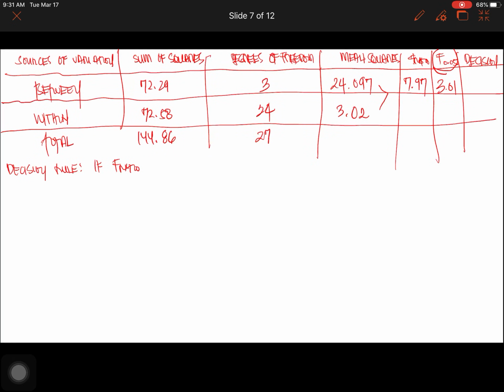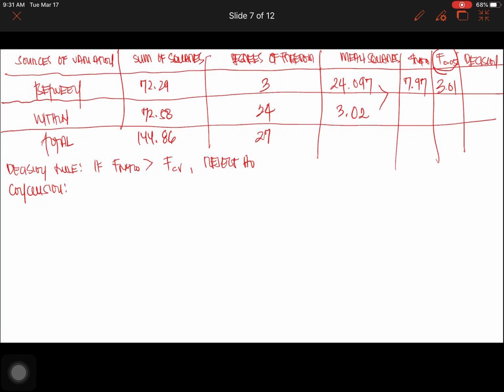So again, for the decision rule, we have there, if the computed value or if the F ratio is greater than the F critical value, we reject HO. Okay? So that only means that it is beyond the critical value that belongs to the critical region. Okay?